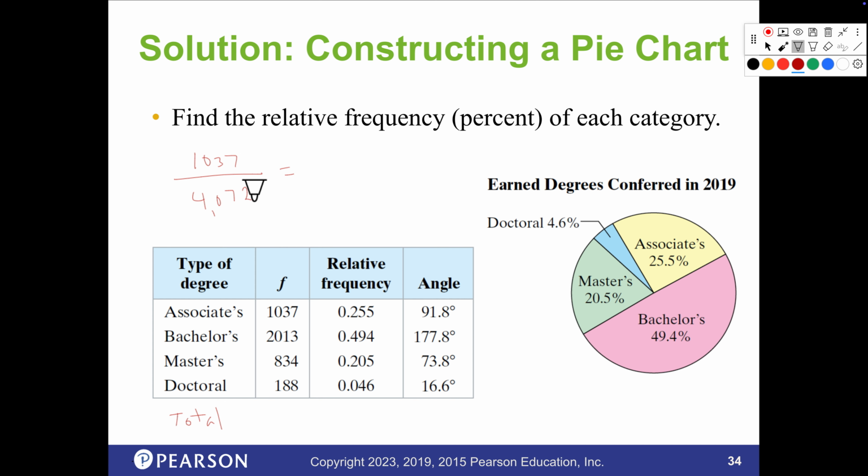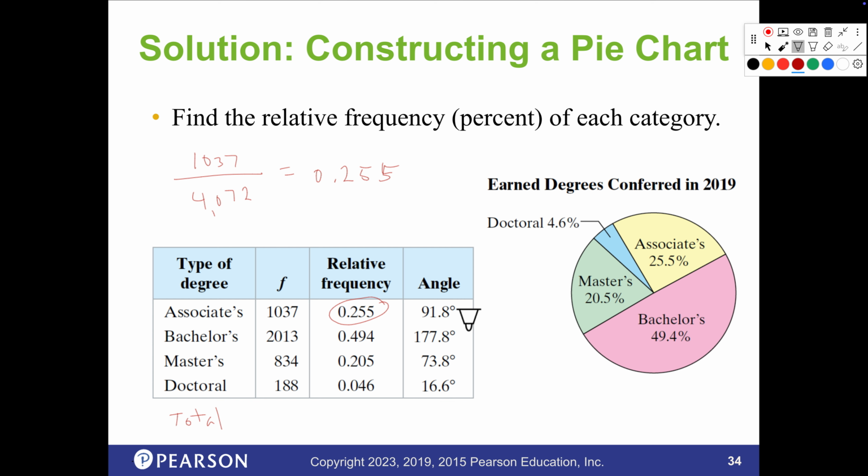But when we divide that, we get 25%, actually 25.5, which they rounded to 26. So they get this number, and they would do that for each of these.